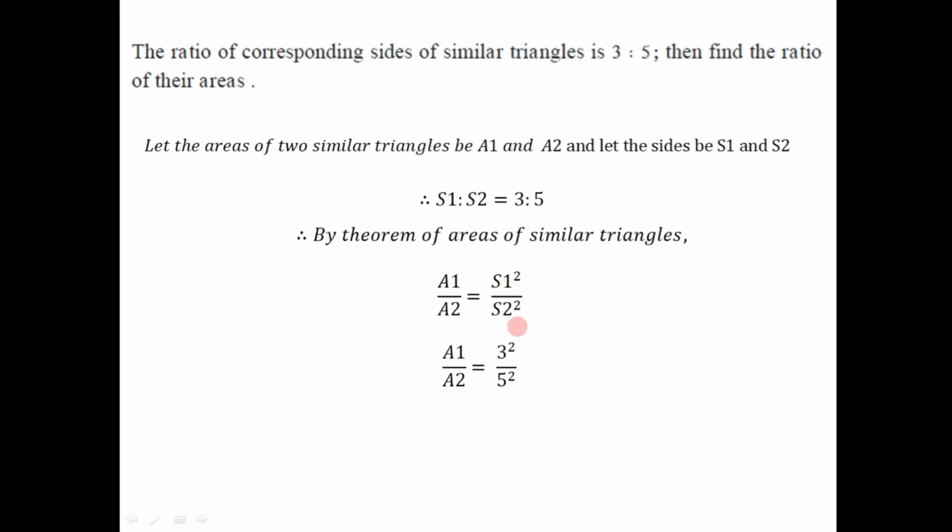So we'll replace S1 by 3 and S2 by 5 to get 3 square divided by 5 square, which is equal to A1 by A2. If we solve this ahead, we get 3 square is 9 and 5 square is 25. So the ratio of their areas, A1 is to A2, is equal to 9 is to 25.